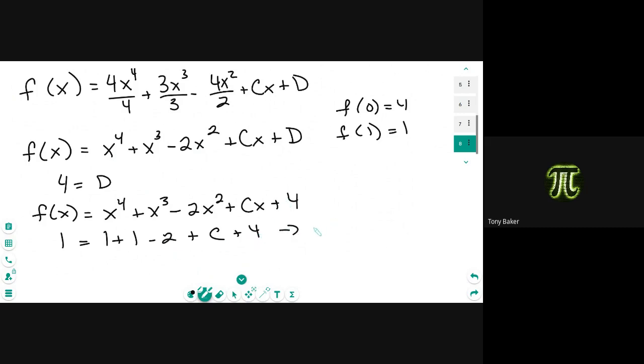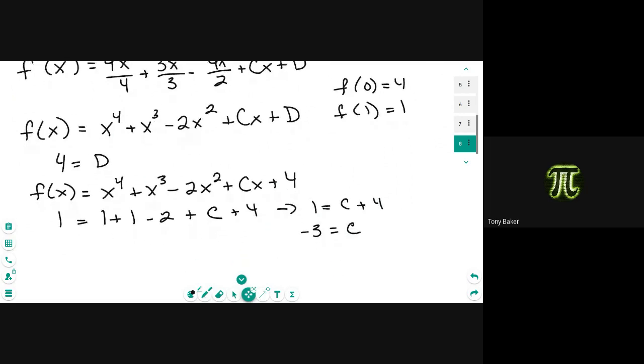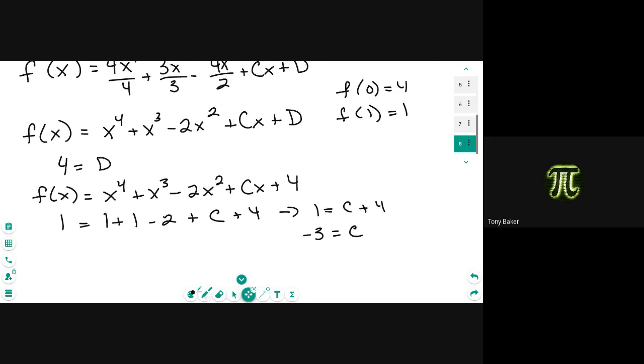So this becomes 1 equals C plus 4. So -3 equals C. So my final answer is -3x plus 4.